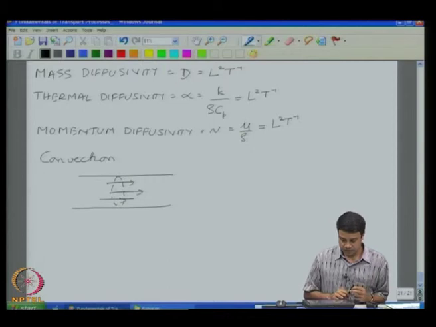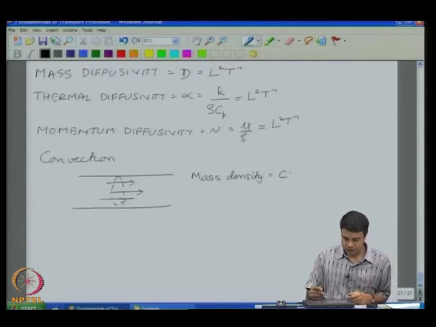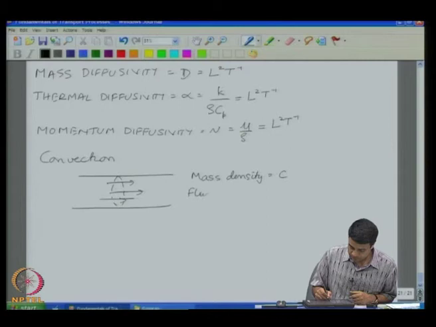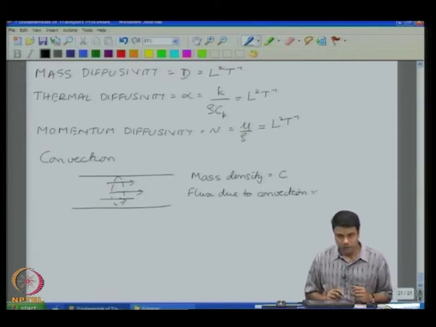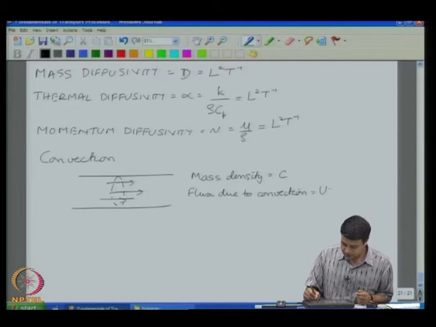So, if I have the density of some quantity, let us say the mass density as concentration, which is basically the concentration locally. The flux of material transported across a surface area per unit time is going to be equal to the velocity times the concentration.